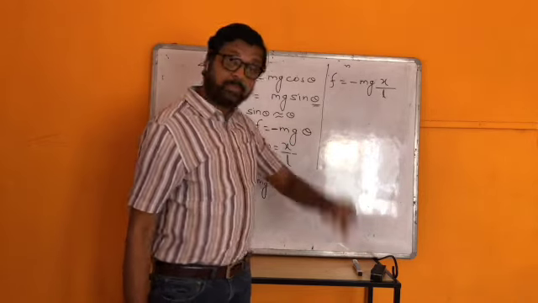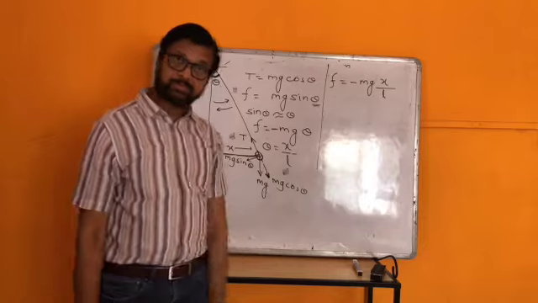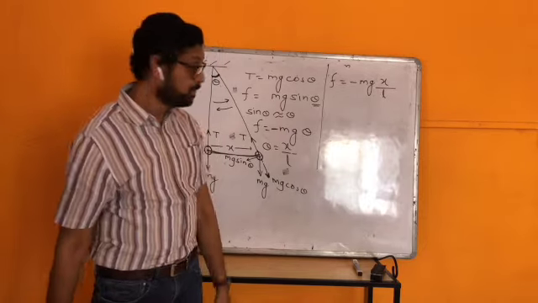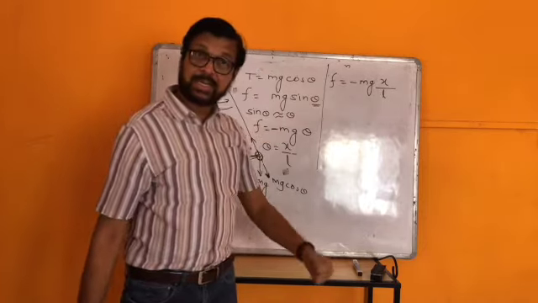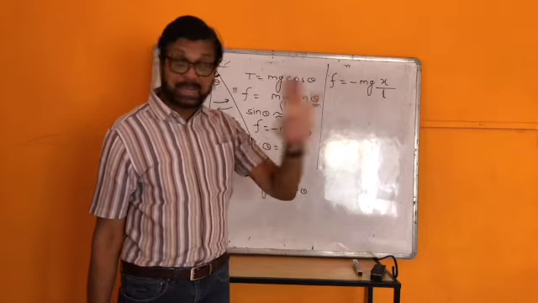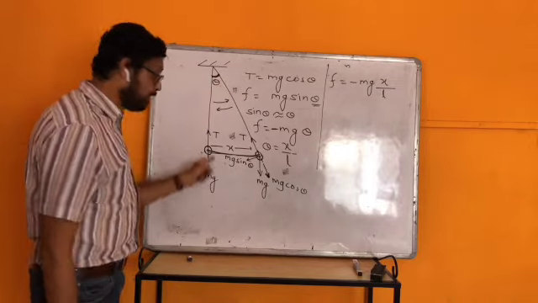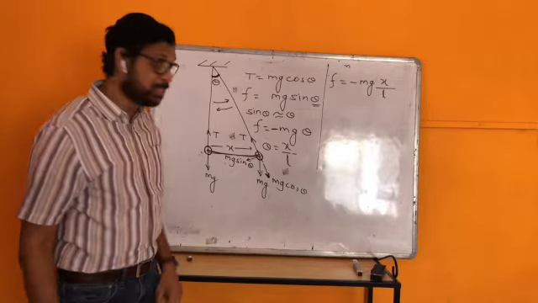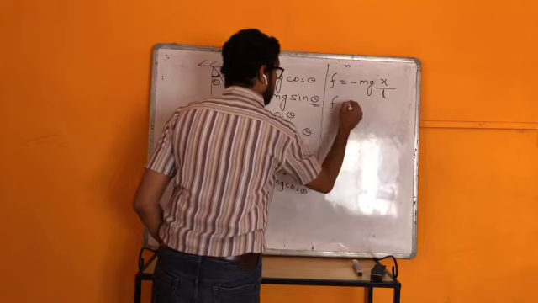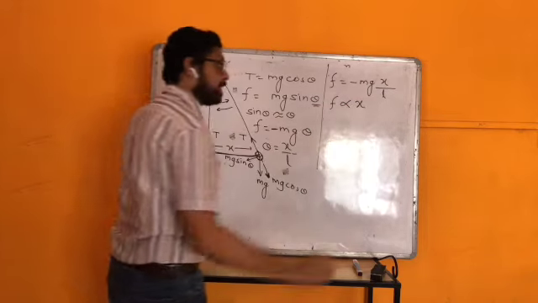This m is mass of the bob, which is a constant. g is acceleration due to gravity, which is constant at the given place. L is length of the pendulum, that is also constant, meaning F is proportional to x.